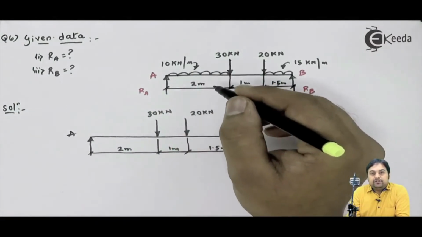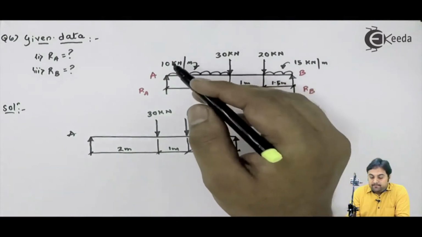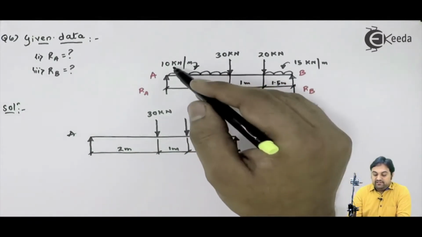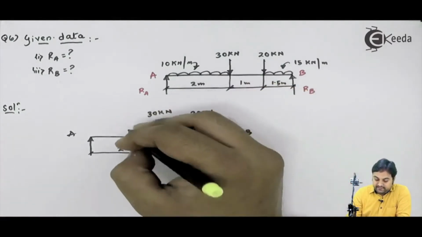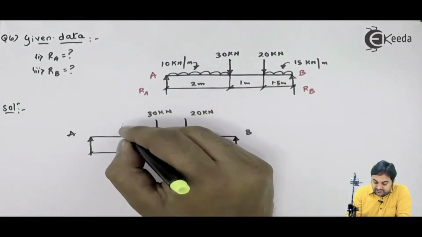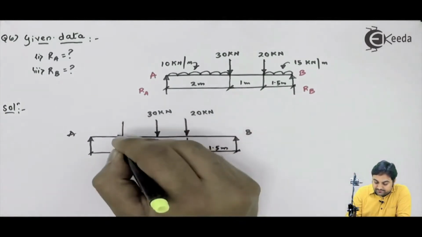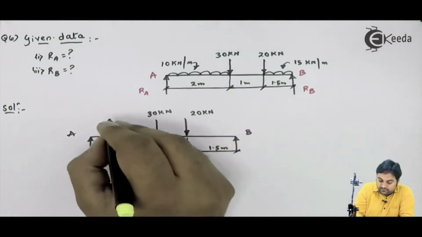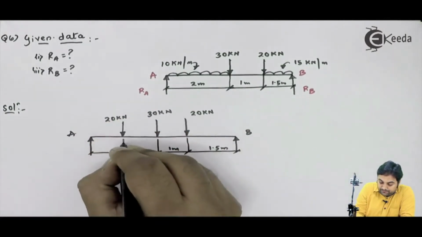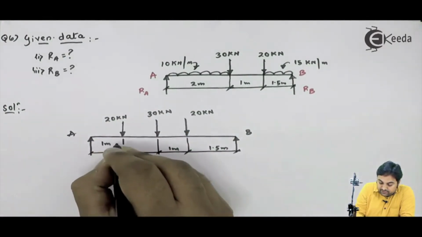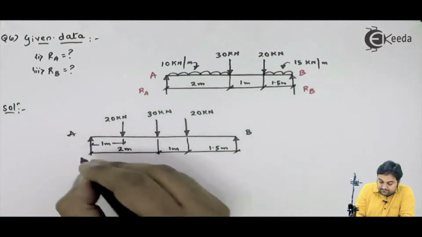So here I will be converting it into a point load. Multiplying 10 by 2, I will get the value as 20 and this will be 20 kilonewton acting at half of 2 meters, that is exactly at 1 meter. So here I have converted one UDL into a point load and I have even shown its distance.